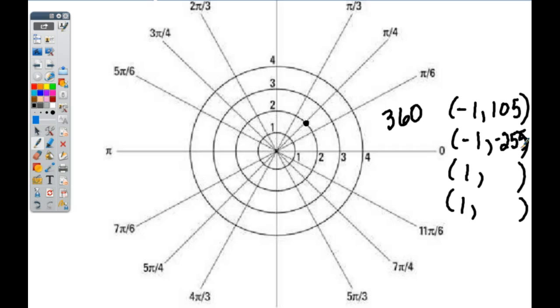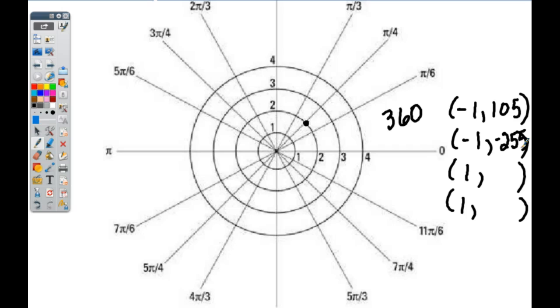I always start with the 105, right? That's your theta. And so if I start with 105, it would come around 90, and it would be over here, right? So how many degrees past 90? 15, right? So what's the same one down here? It would be 270 plus 15, right?